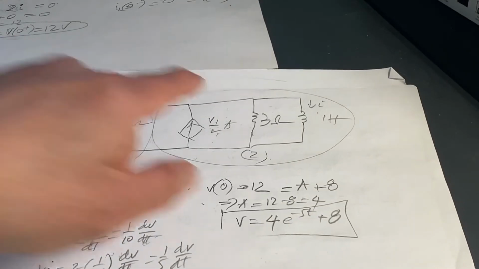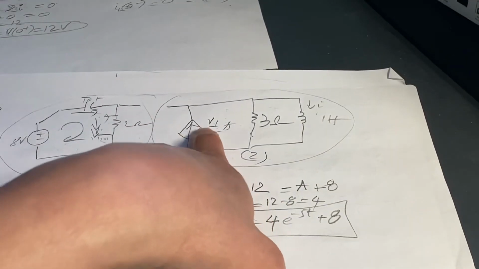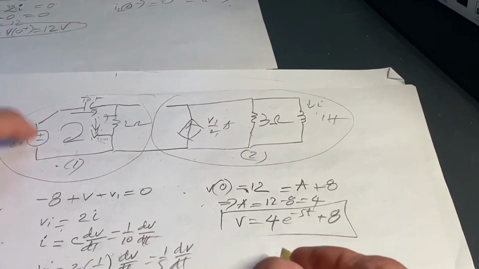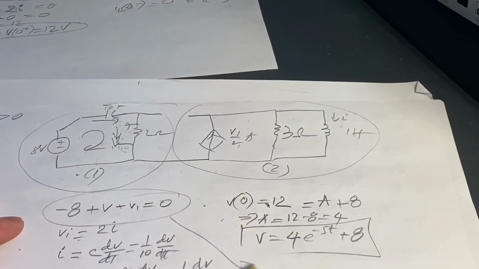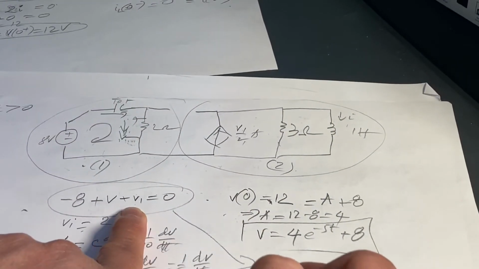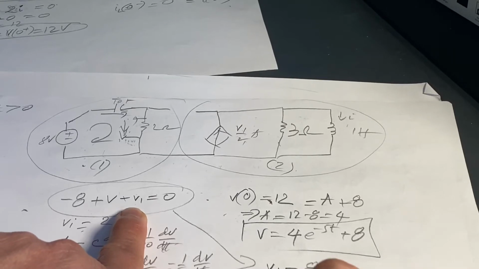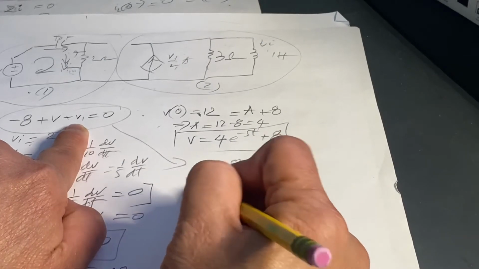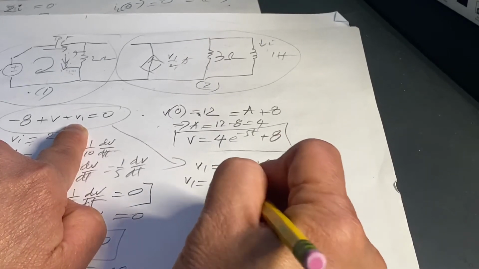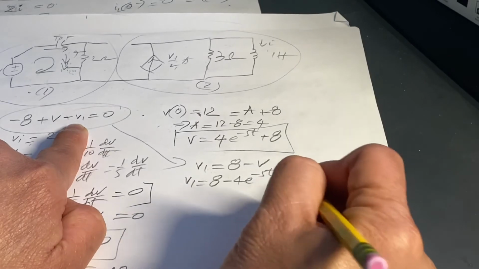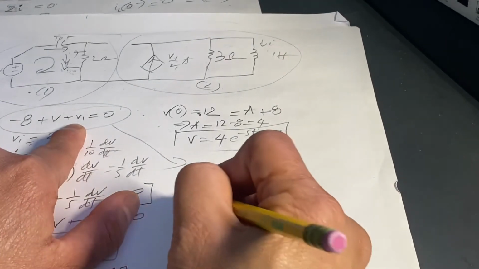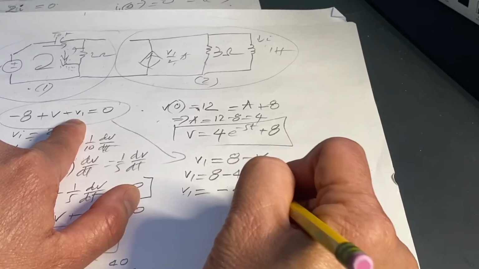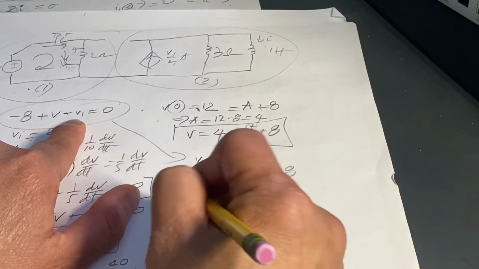Because we have a dependent source V1 over 2, we need to find V1. Look at this equation: V1 equals 8 minus V. So V1 equals 8 minus 4e^(-5t) minus 8. So V1 equals minus 4e^(-5t).